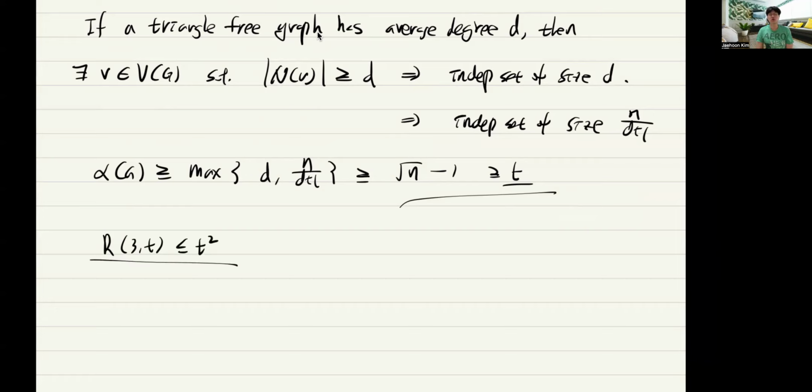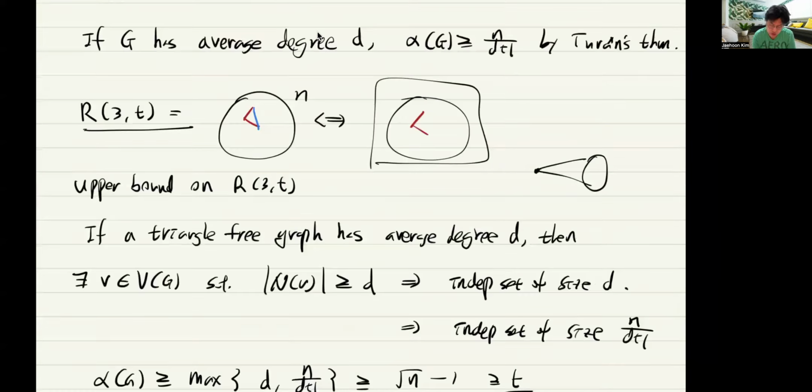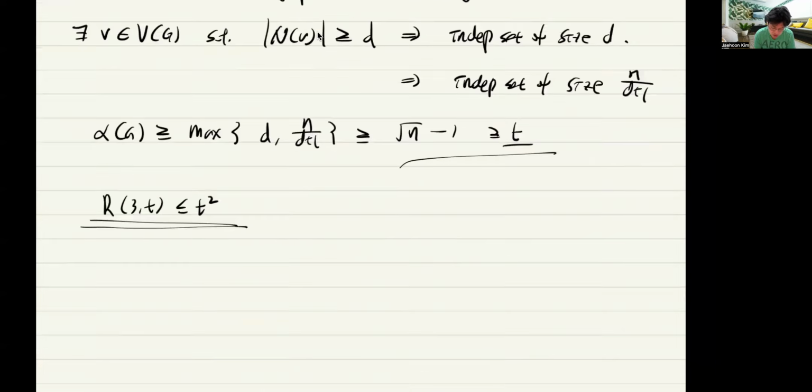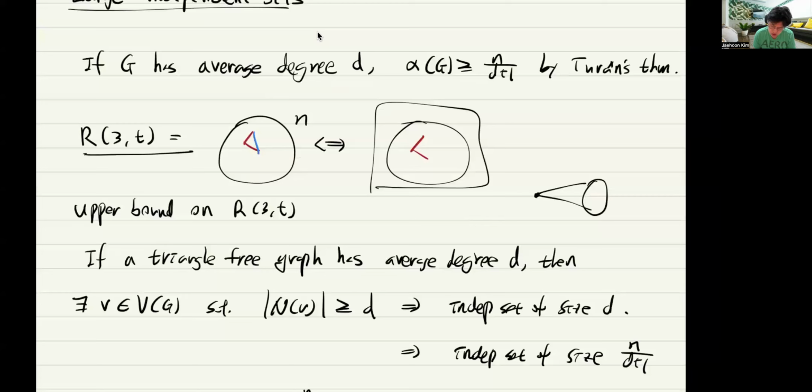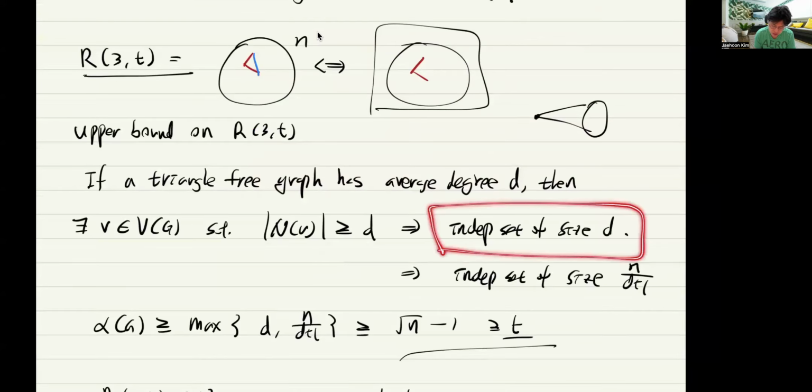So we know some bounds on the size of a large independent set, and you can use it to get the upper bound on this Ramsey number. The question is, can you do better? If you see, this bound comes from the fact that this is triangle free.